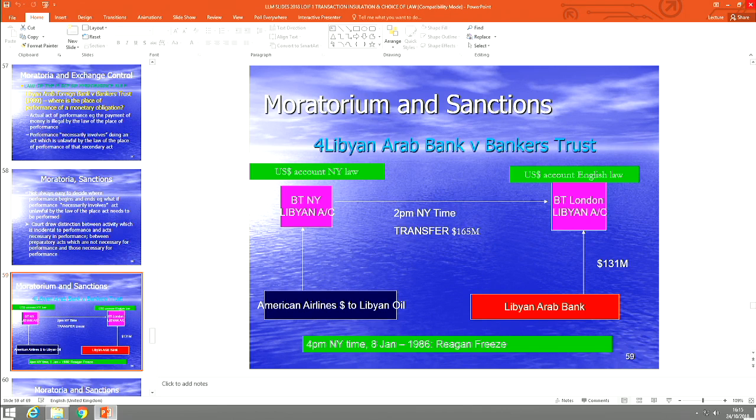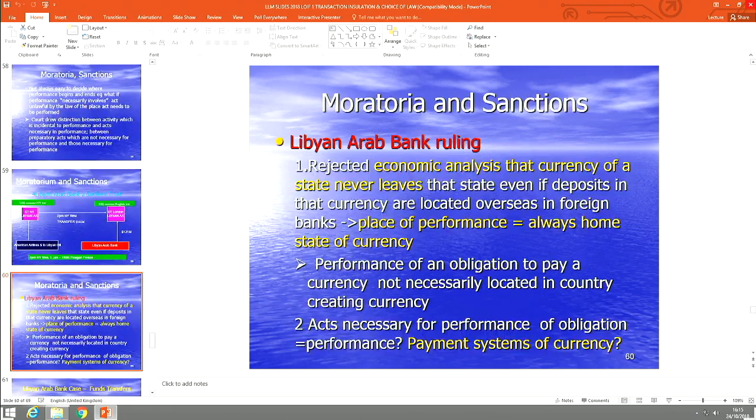There were a number of rather complicated arguments which were presented and which would be useful to just think about. The first argument was this one. It was argued on behalf of Bankers Trust that if you had an obligation denominated in US dollars, that obligation existed only within the United States.